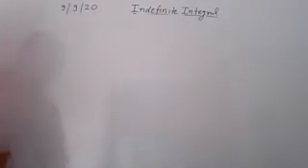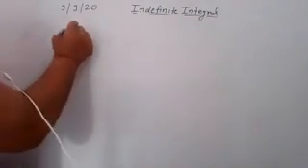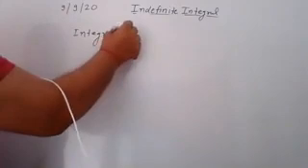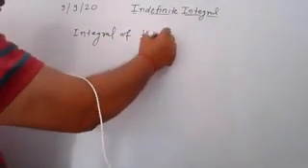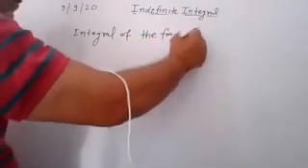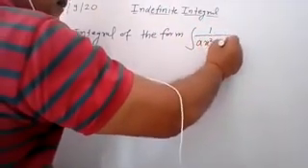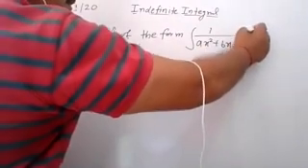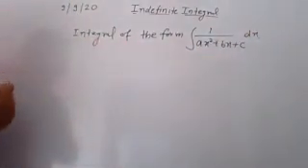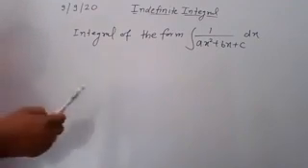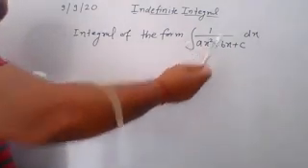Now write the integral of the form integration of 1 upon ax square plus bx plus c dx. See the method of how you evaluate the integral of this form.